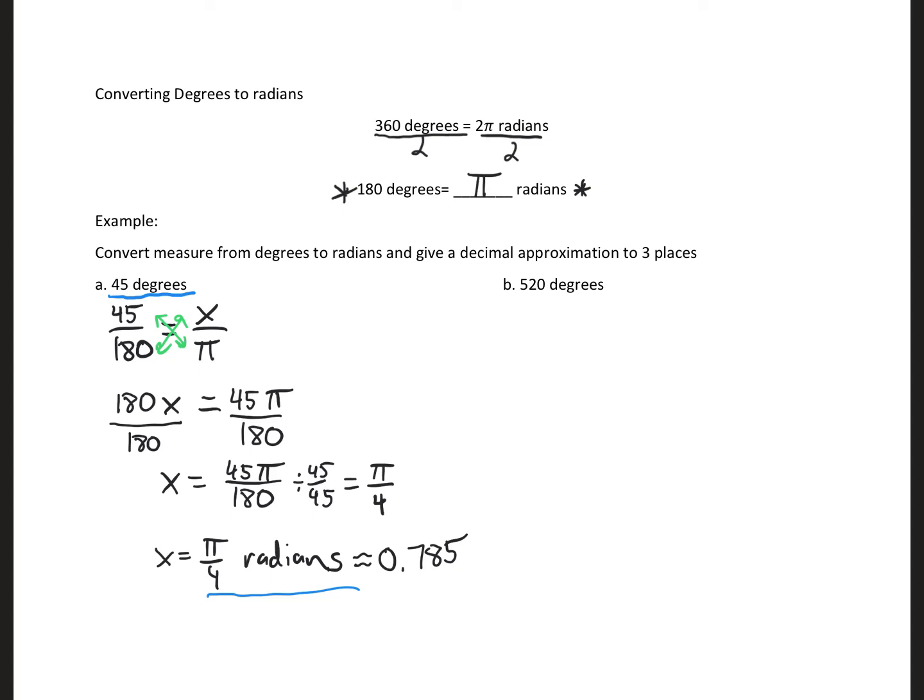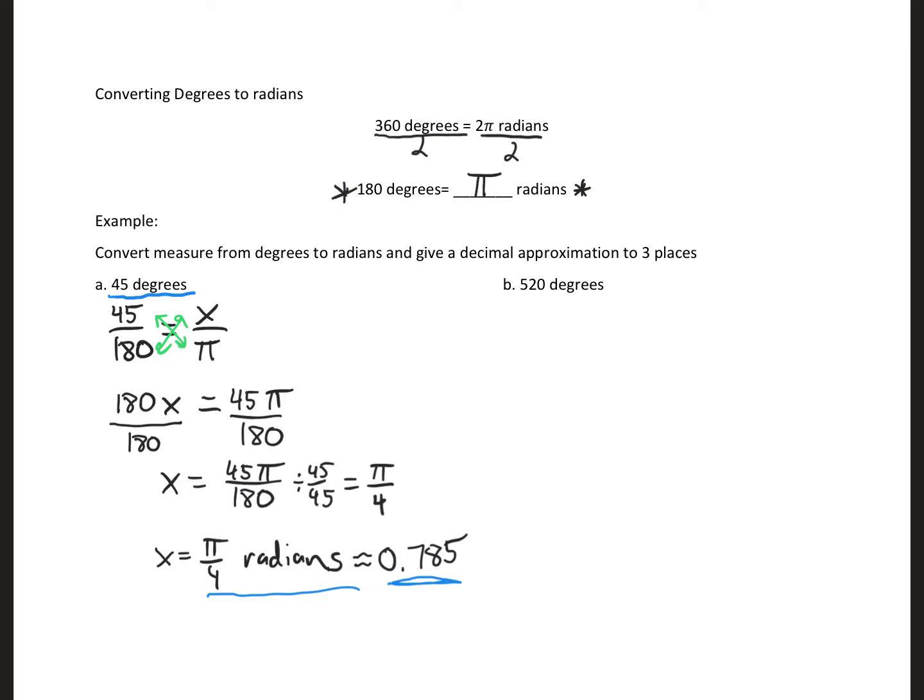So pi over 4 radians is approximately 0.785 to 3 decimal places. After this section, we'll only be using radians. The idea is just that you understand the length of the arc that's being intersected by pi over 4.